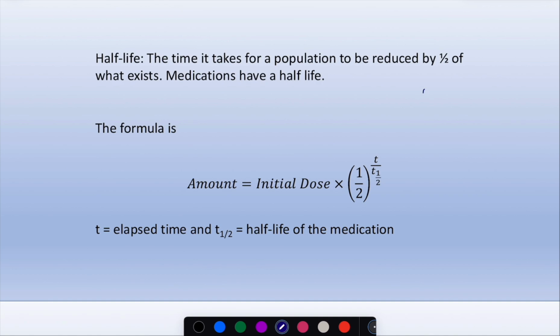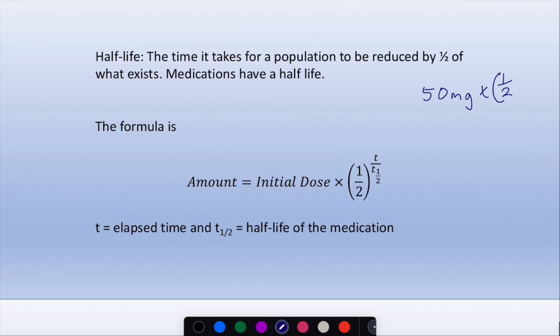Let's say we took 50 milligrams of caffeine, and we know the half-life is 5 hours. We'll go with 5. And so let's say that 2 hours have passed, and the half-life time is 5 hours. That's what we would put into our calculator.